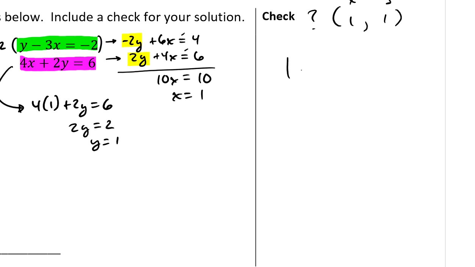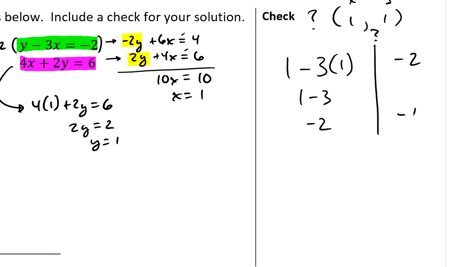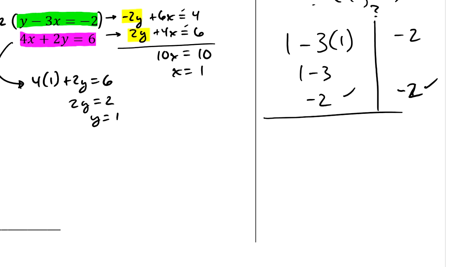So 1 minus 3 times 1 is supposed to equal negative 2. 1 minus 3, it is negative 2, right? So because I get negative 2 on both the left hand and right hand side, it definitely satisfies the first equation. So let's try the second equation.